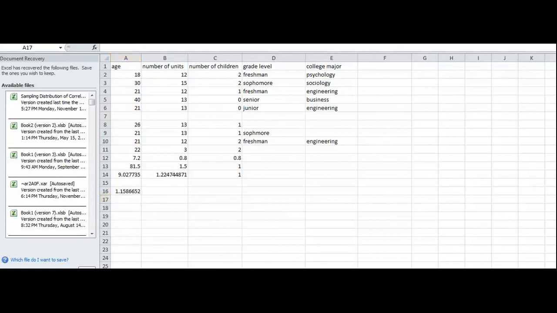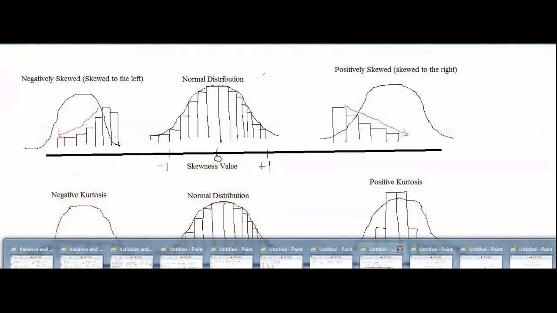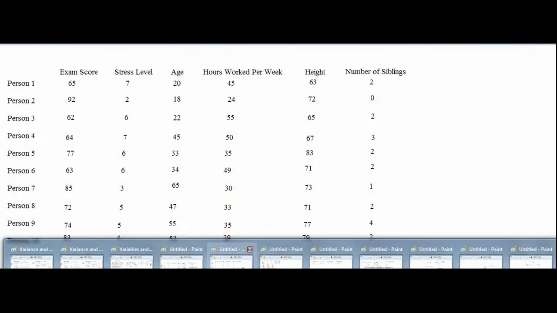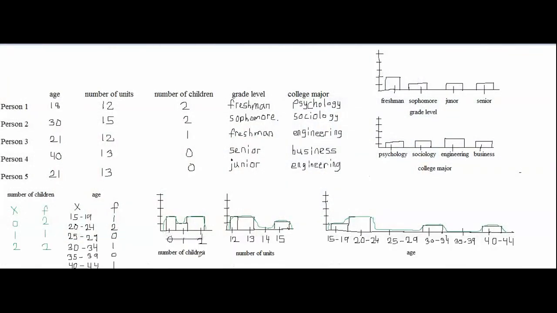I predicted it would be a positive skewness because the age column data peaks at the left end and it trails off to the right. So this data right here for age had a skewness value of 1.15. So since the shape had a positive skewness, the skewness value came out to a positive number.